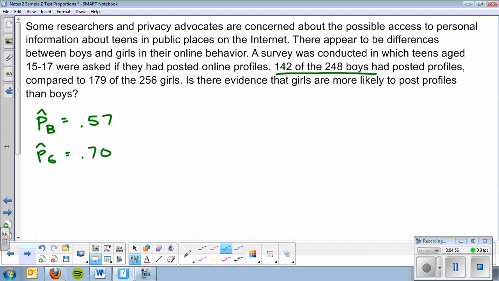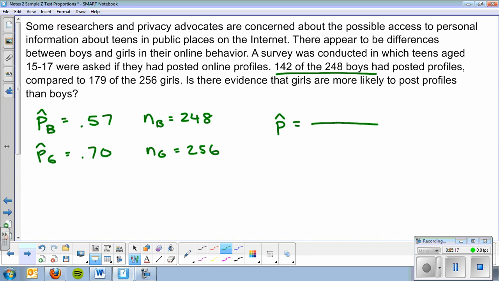All right. We have n of the boys, which was 248, and we have n of the girls, which is 256. Now, off to the side, we're going to calculate this combined pooled p hat.